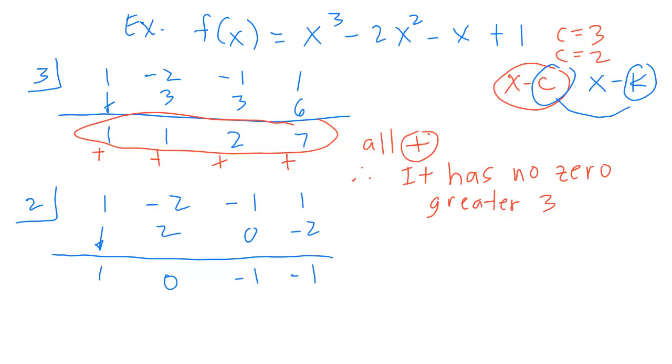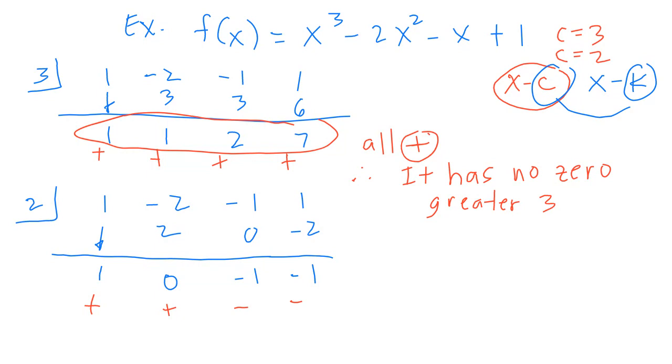So I'm going to look at the signs here. We have plus, 0 can be positive or negative, so we can put plus here, negative, negative. As you can see, the signs here change and it's not all positives.